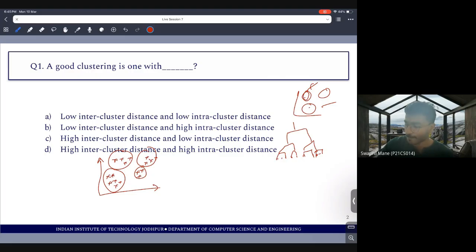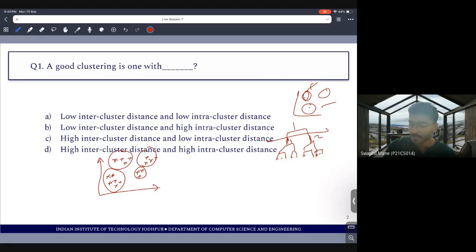If you want two clusters, that is a hyperparameter that depends on the user, so you can cut at the second level, where you will get the first cluster and the second cluster.